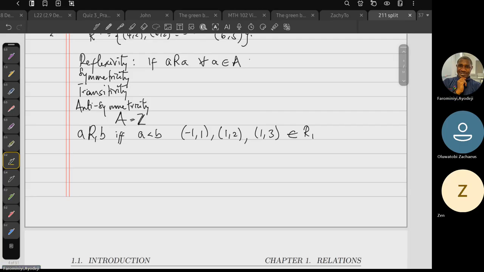Beautiful. What about when we define R2 if and only if A plus B is greater than or equal to 5? Can you give me examples of elements of R2? Greater than or equal to 5.